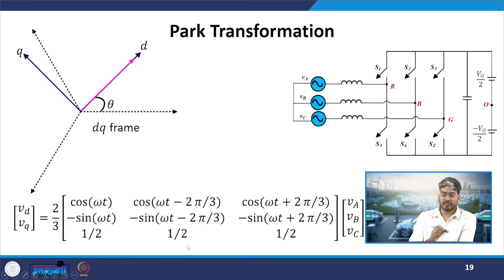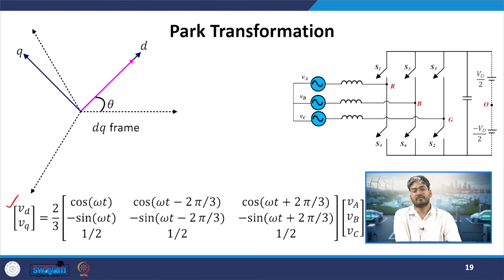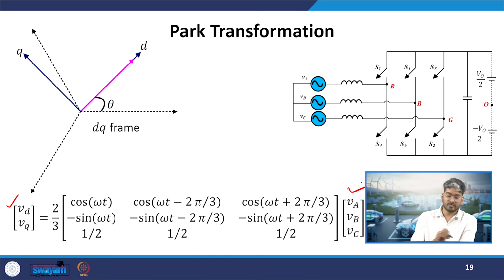Now, if I do not want to go into the alpha beta frame and want to go directly into the DQ frame, because I know that the alpha beta frame gives me two sinusoidal quantities, which is not of much interest, I want DC quantities. So directly I can shift from the ABC frame to the DQ frame, or from our actual ABC supply voltages, we can go into our rotating DQ frame by using this matrix.